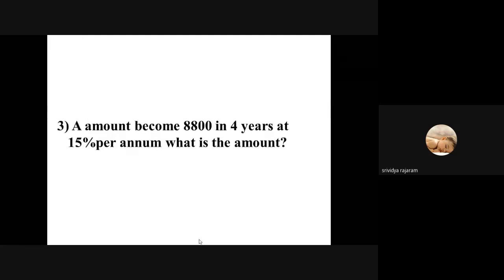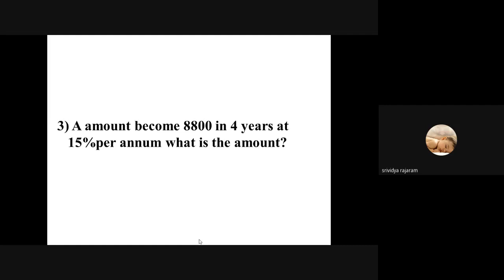The next sum is: an amount becomes 8,800 in 4 years at 15% per annum. And what is the amount? It's just a simple question, right? They are asking us to find the initial amount which we are depositing.